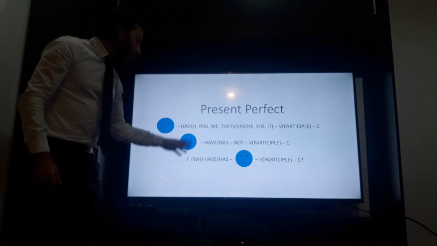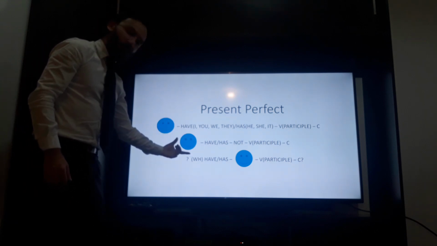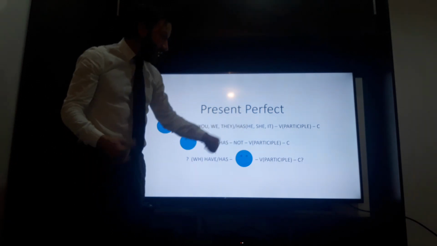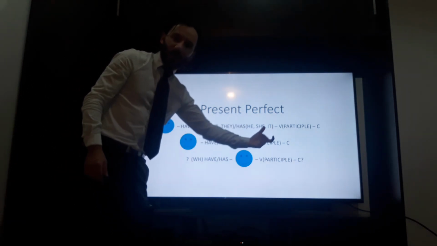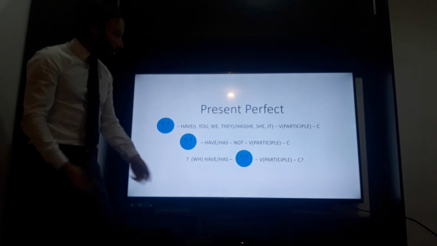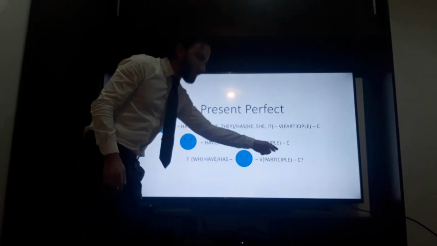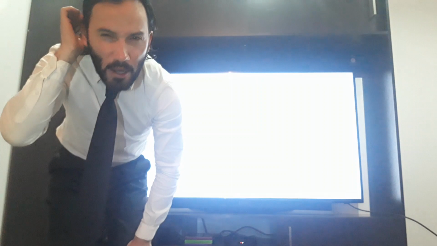In negative, we got subject, auxiliary have or has, plus not, or haven't or hasn't, verb in past participle, and complement. And in interrogative form, auxiliary have or has, subject, verb in past participle, and complement. I think that so far is clear, right? If you have any question, remember that you can send me an email on my institutional email and ask. Okay, let's continue.